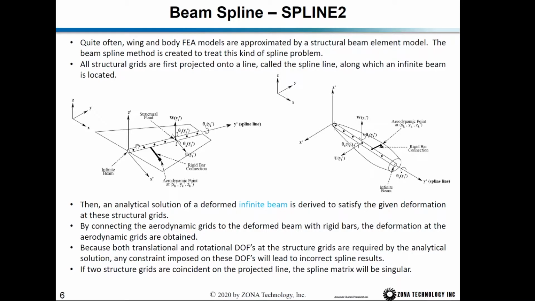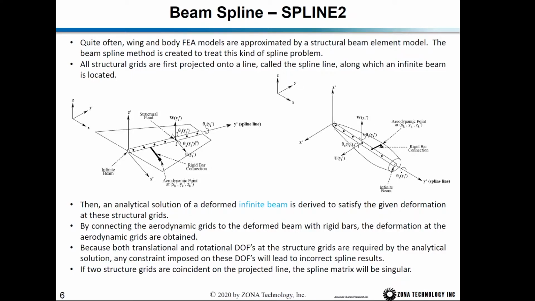And once it has this spline axis, it will project all the structural grid points onto the beam. Because all the structural grid points may not be exactly along the same line, it needs to project the structural grid points to this beam. And then you use an analytical solution of the infinite long beam to fit the deformation at the structural grid points.